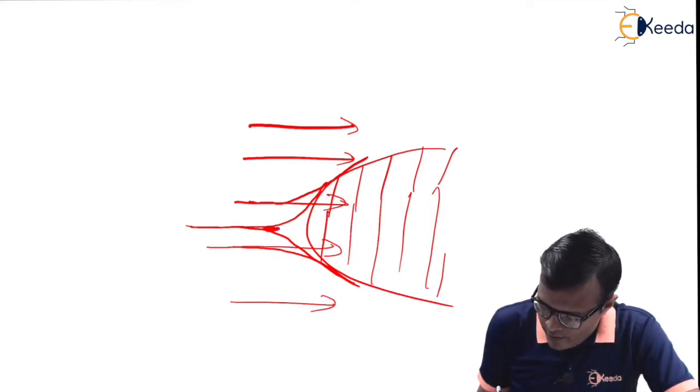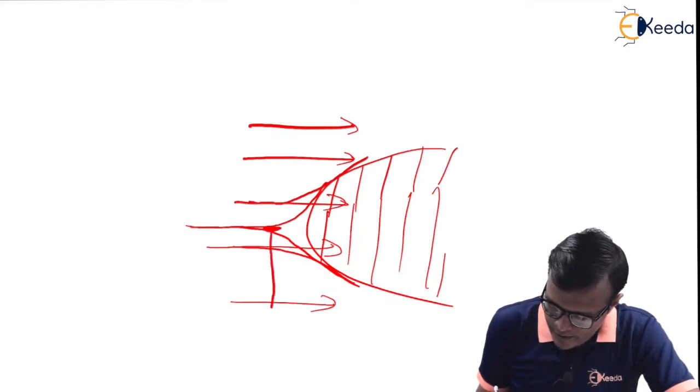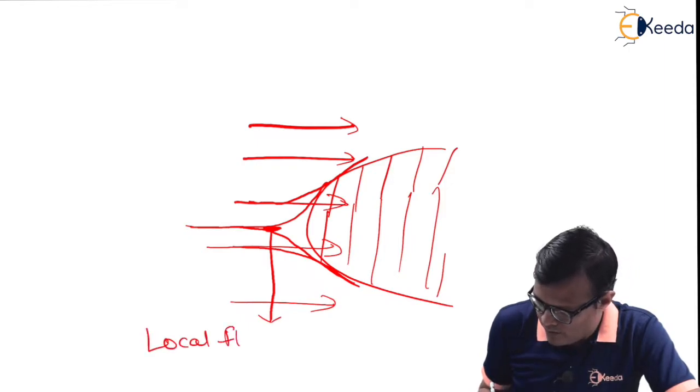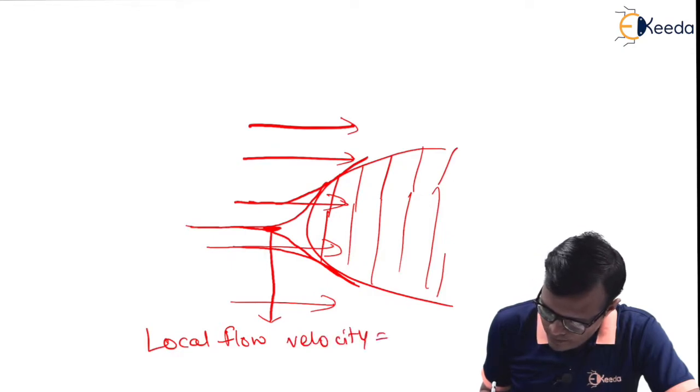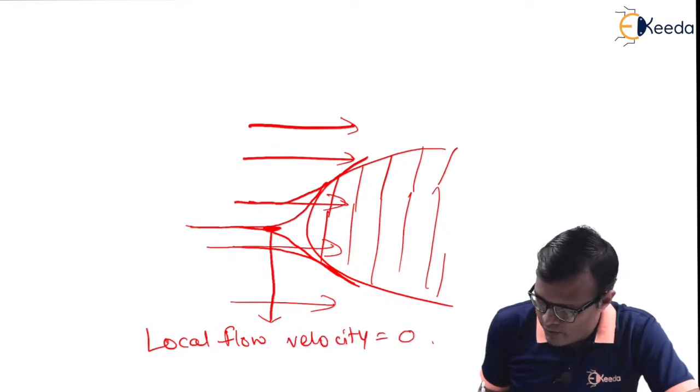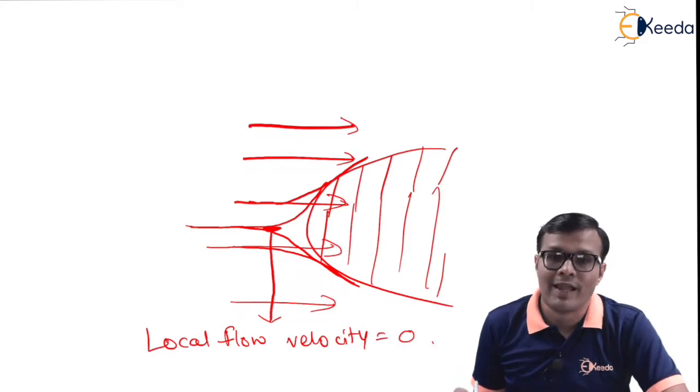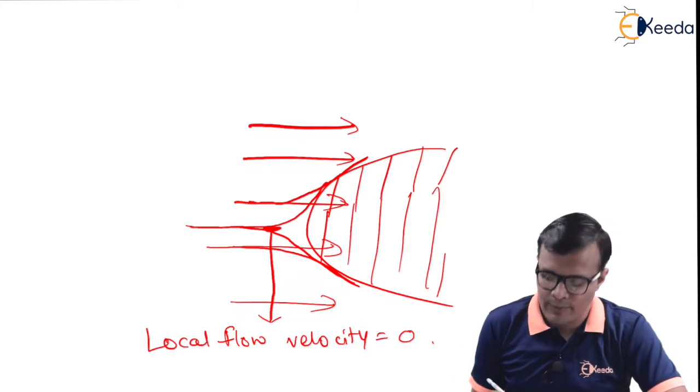So we will have a point where the local flow velocity will be equal to 0. That point is called the stagnation point.